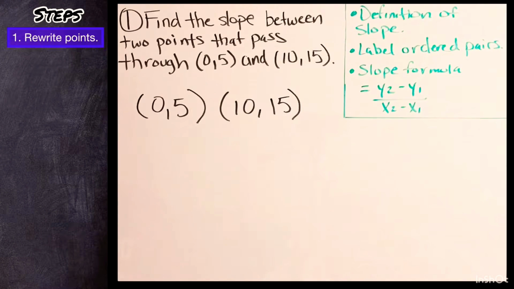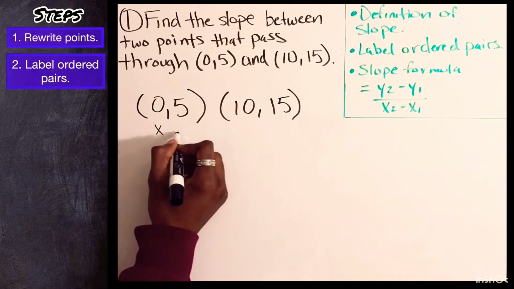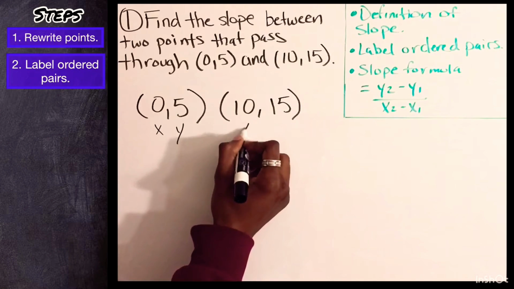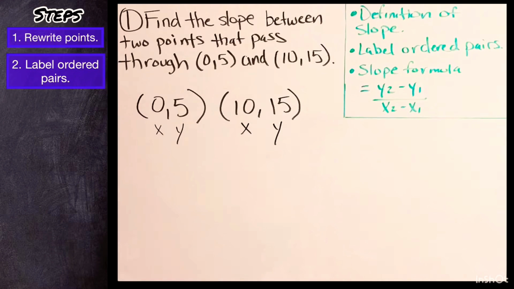Step 2 is to label these ordered pairs with what we have in our slope formula, which is y sub 2, y sub 1, x sub 2, and x sub 1. What I like to do is start it off with the x and y value, because our coordinates are always x and y values.